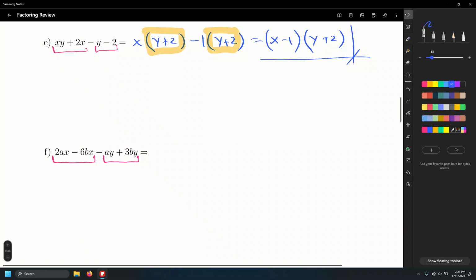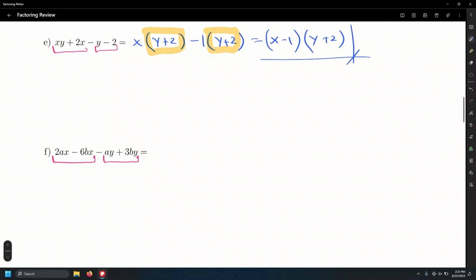Let's get the greatest common factor for the first group. What's the greatest common factor in the first group? 2, just the 2. Looks like for the numbers, just the 2. Anything else? 2x. That's going to leave us with, open parentheses, a minus 3b.